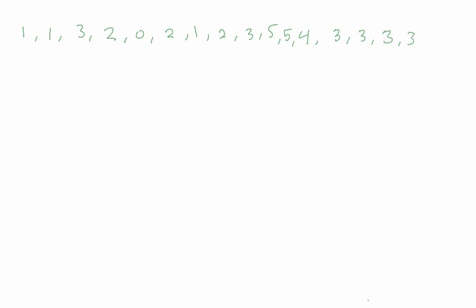So in inputting this ungrouped data or this raw data into a frequency table, we have to draw our table with the first column representing the number of children in the family.